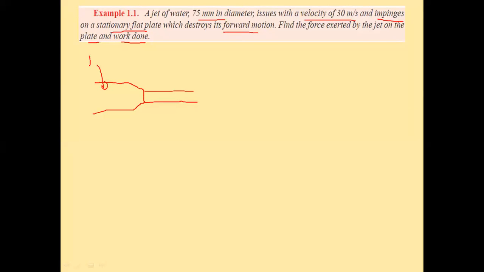So, this is the pipe. This is the nozzle. The nozzle reduces the diameter of the pipe at the mouth. So this is the nozzle, and this is the water jet which is coming out of the nozzle, and it has a diameter of 75 mm.